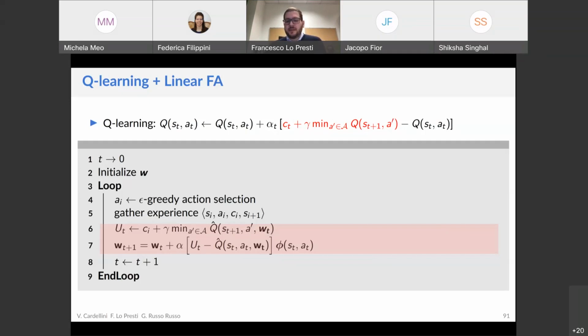So we use the same approach we used for plain Q-learning, but this time we use the approximating function Q hat. And then, instead of updating an entry of the Q table, we update the parameters W using the formula we have derived in the previous slide.